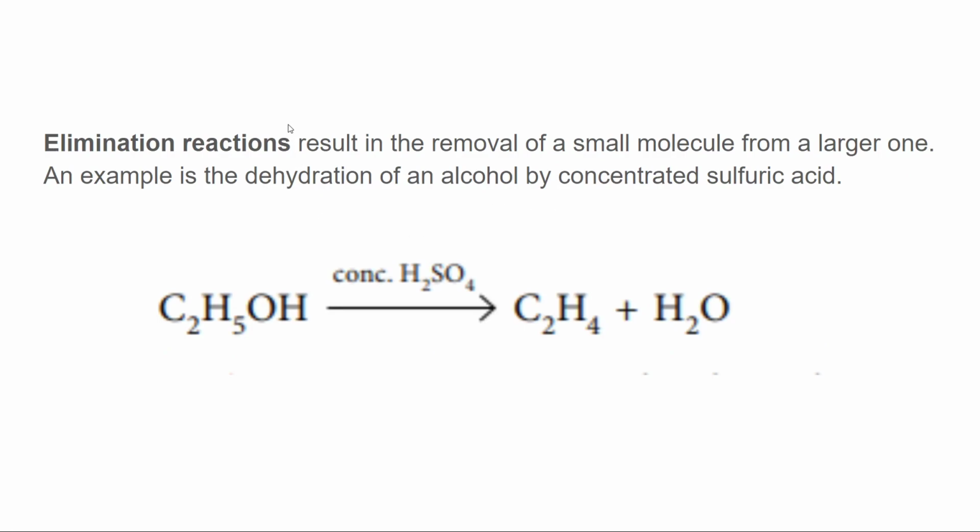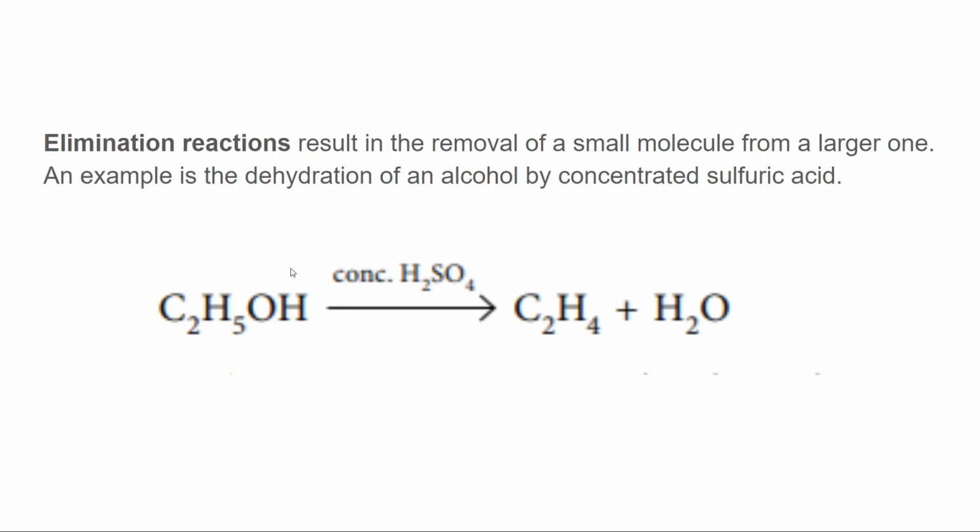Next is an elimination reaction, and it results in the removal of a small molecule from the larger one. One of the ways that we can think about this is the dehydration of an alcohol. Notice that this ends in OH. That makes it an alcohol.